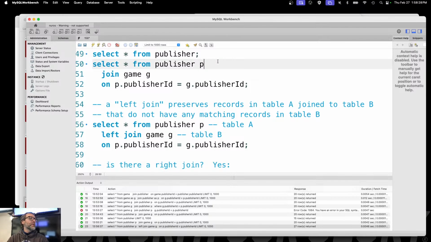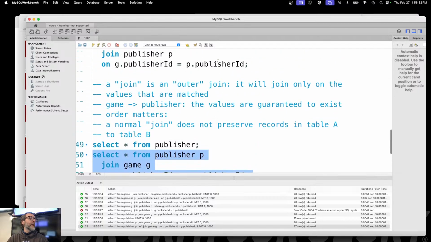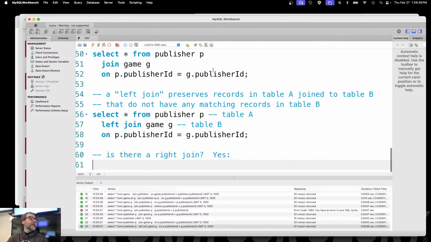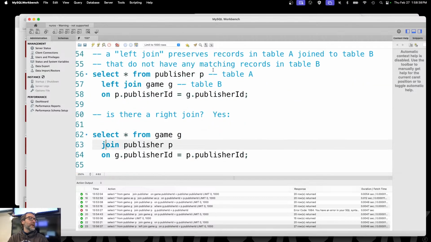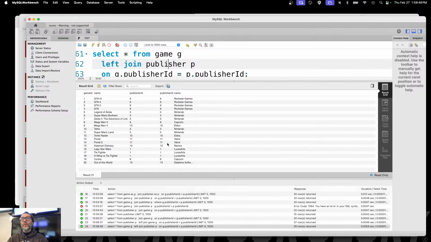So let me go ahead and grab our other one over, our original one where we started at the game table. Right? Now, if I start at the game table and I do a left join, it's no different. Because I start from the game table, that's table A, going to table B, it's going to preserve records left to right. I'm not getting any of those publishers that have no games.